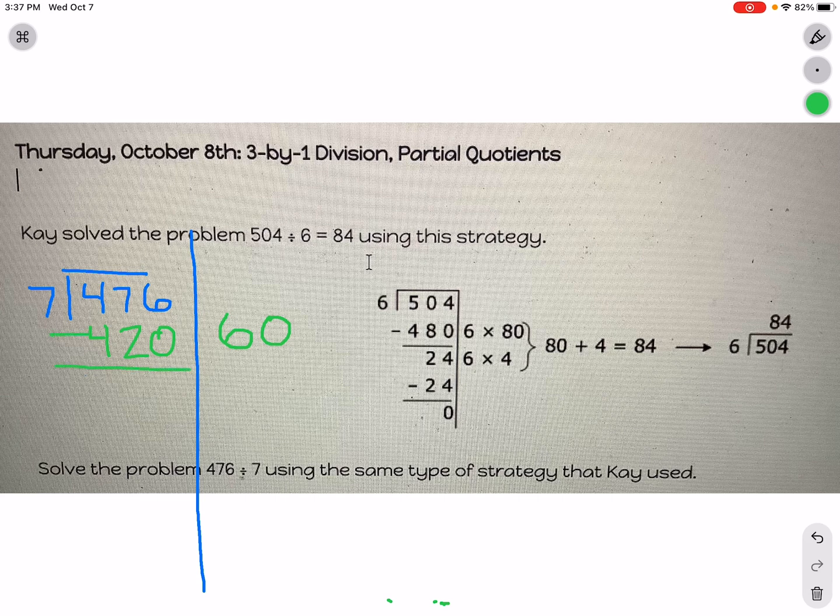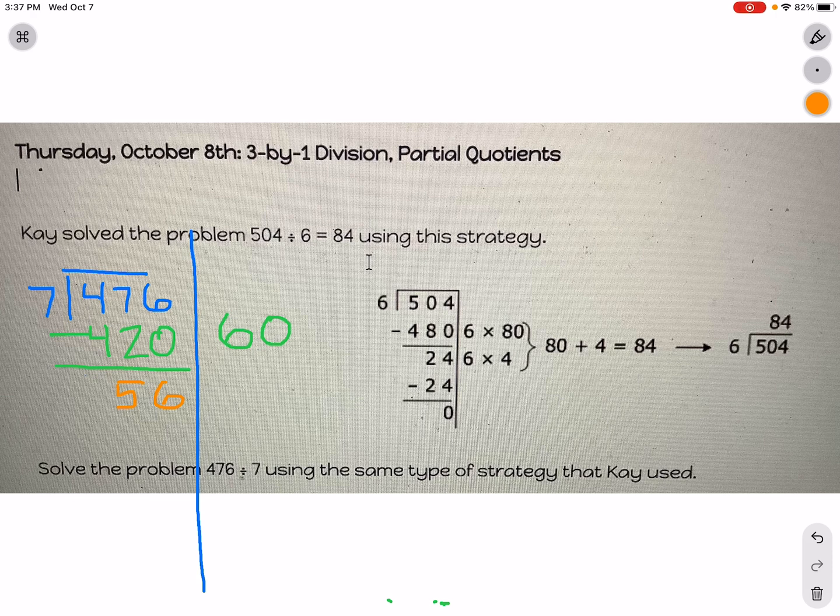We're going to subtract. 6 minus 0 is 6. 7 minus 2 is 5, and we know that 4 minus 4 is 0. Now we're left with a remainder of 56.